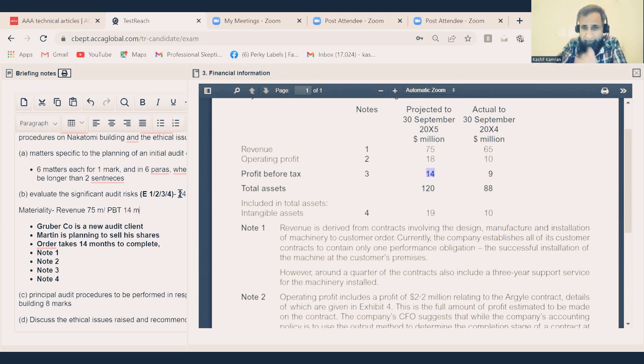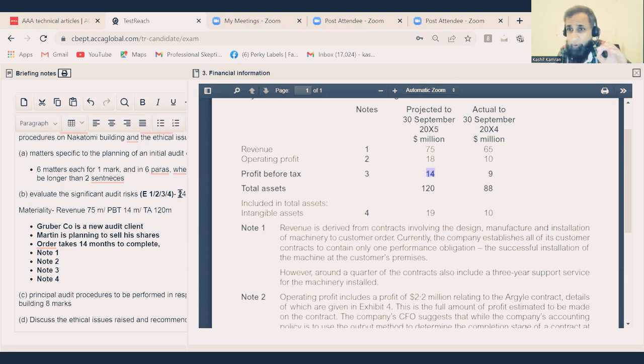So again and again referring to Exhibit 3 will be very difficult. And total assets are 120 million. So I can put these numbers on my briefing note, and once I complete my briefing note, I can simply delete them. But I think it's far better than jumping to Exhibit 3 again and again and looking at the numbers. It is very bothersome, right?